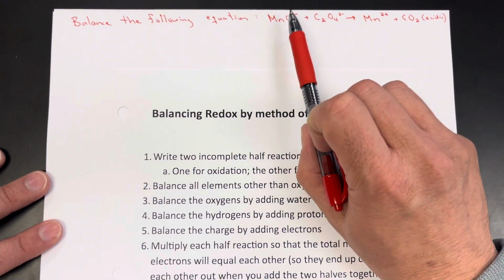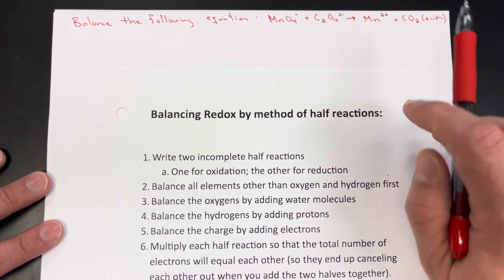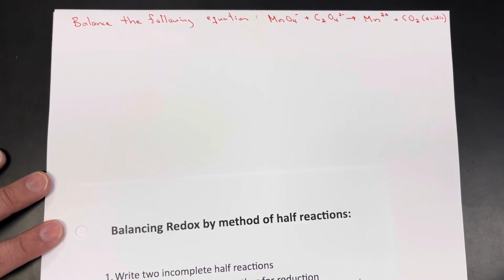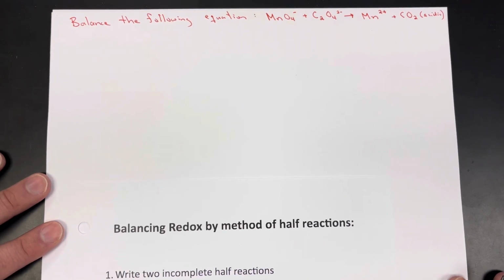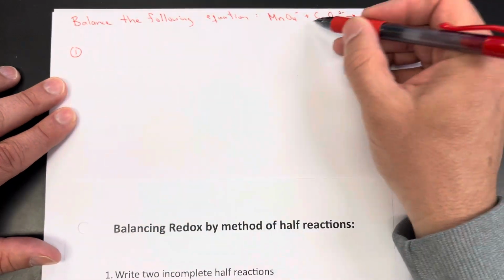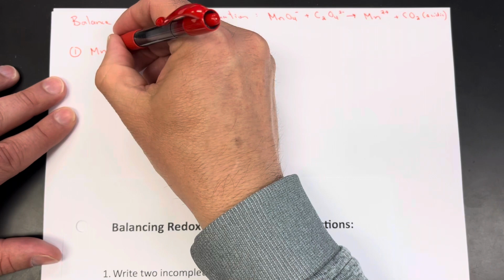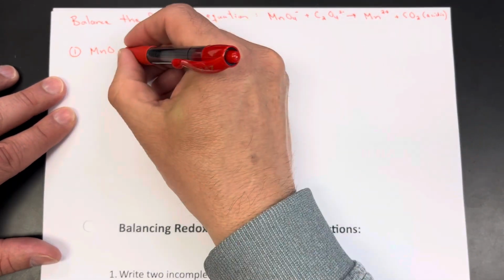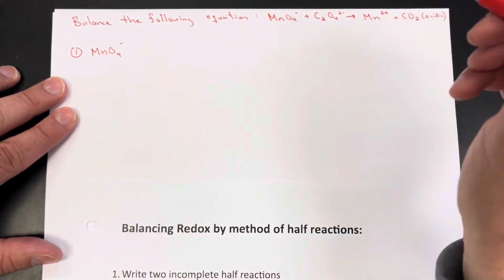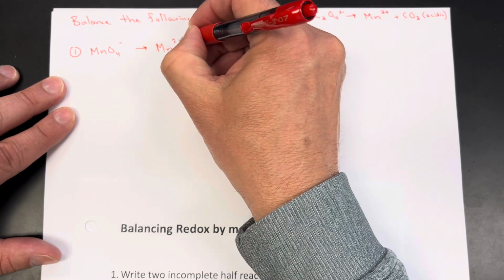When I look at this, I notice that there's a manganese side and there's a carbon side. So I'm going to put the manganese on one side and the carbon on the other. I'm going to label this as step 1. And over here, I'm going to put the manganese part. So it's MnO4 minus. And then on the right-hand side, it's going to be Mn2 plus.